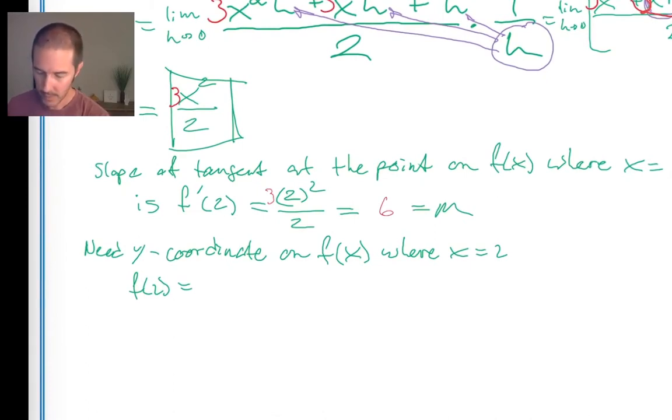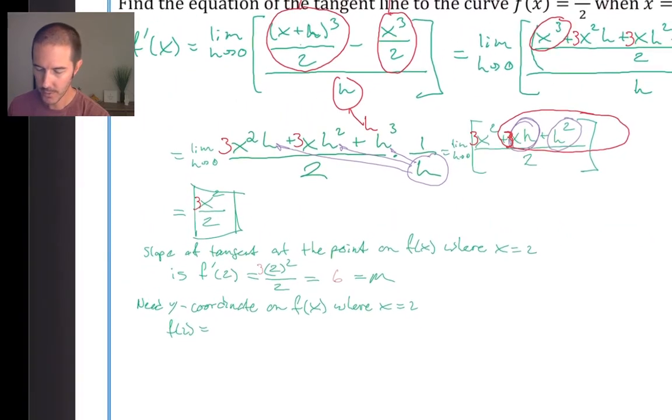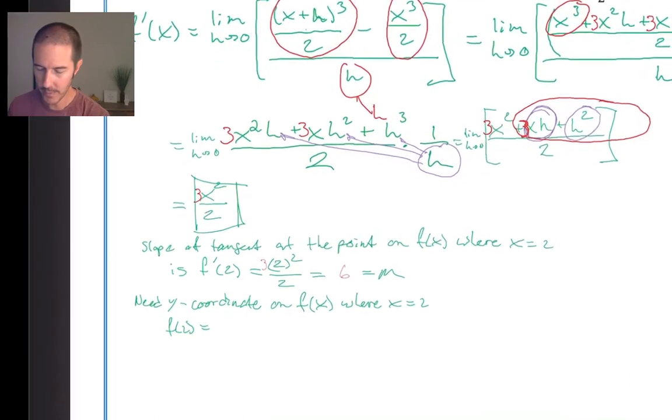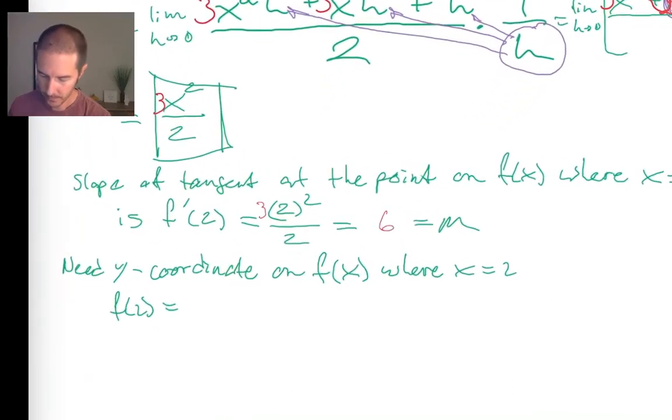Okay, let's carry on. So we do still need the y-coordinate on our original function f of x, where x equals 2, and in order to calculate that, we are still going to take an x value of 2 and plug it into our original function. Our original function again is x to the third divided by 2. So we have our 2 to the third power divided by 2.